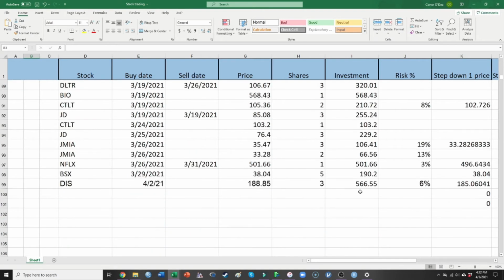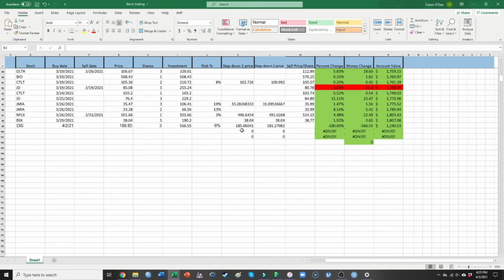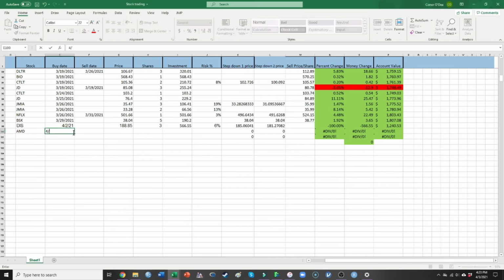So what I've done, and this is real recent that I've added this in, this is very important though to mitigate our risk. And I've gotten much better at mitigating our risk. So let's say I'm going to go ahead and say AMD here. And I'm going to do this on Monday, which is 4-5-21. I'm going to go ahead and buy in at a price of 81.05 was the price of my stock.